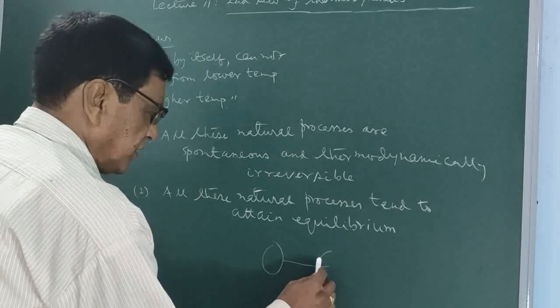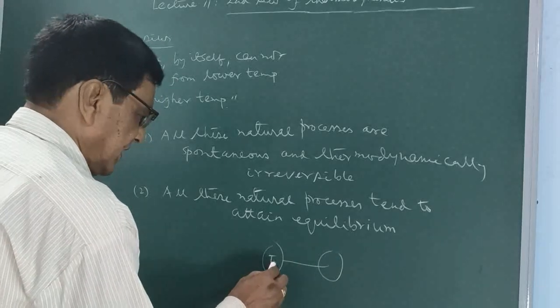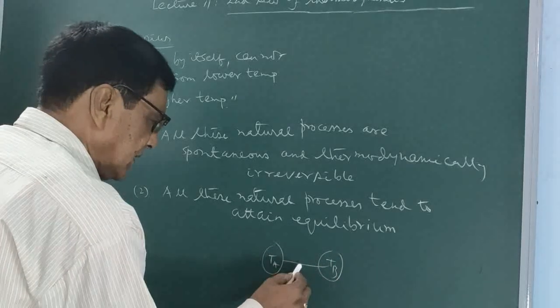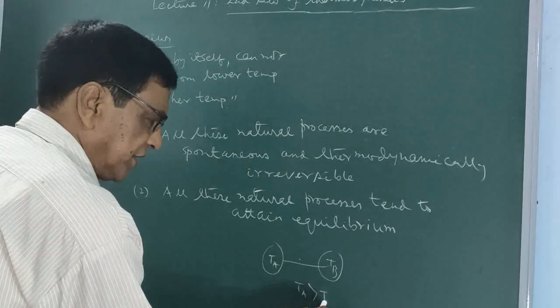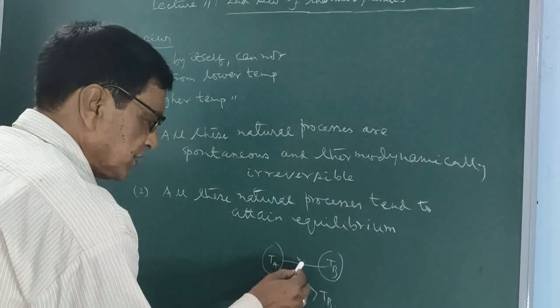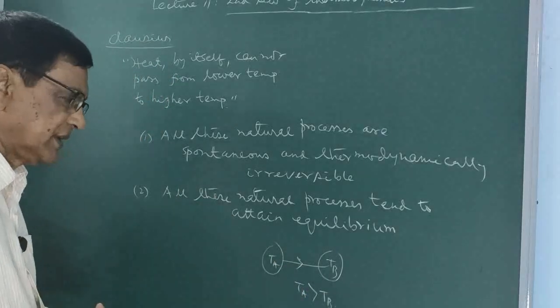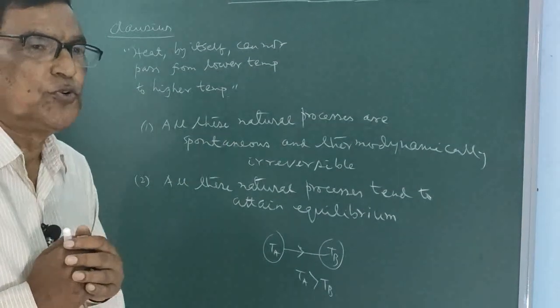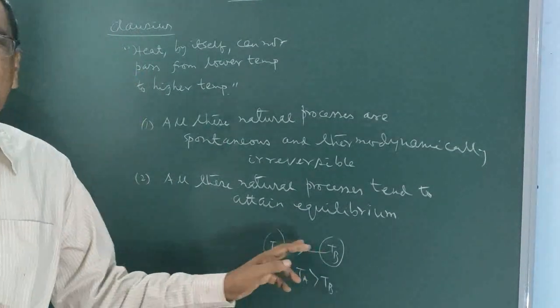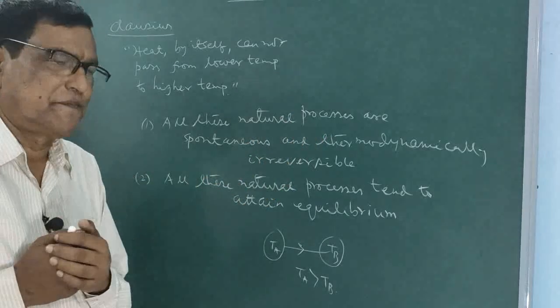Whenever two bodies are connected, this is TA and this is TB, suppose TA is greater than TB, then heat flows from A to B with the motto to equalize the temperature of these two bodies.